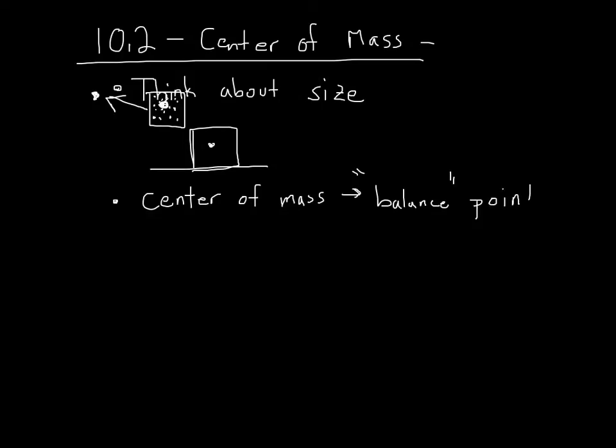So the general idea of this is that each mass in a body contributes its position by an amount that's scaled by its mass contribution to the entire system.